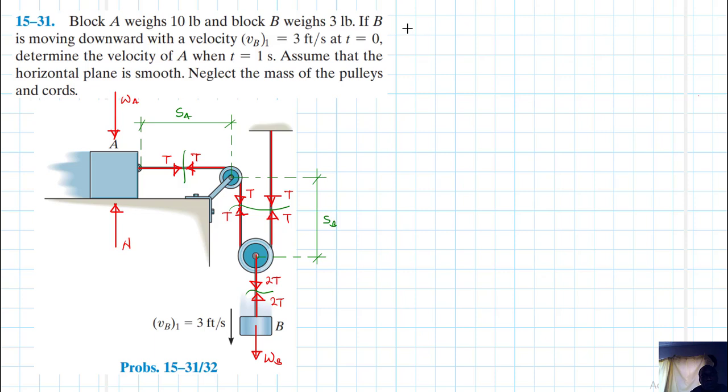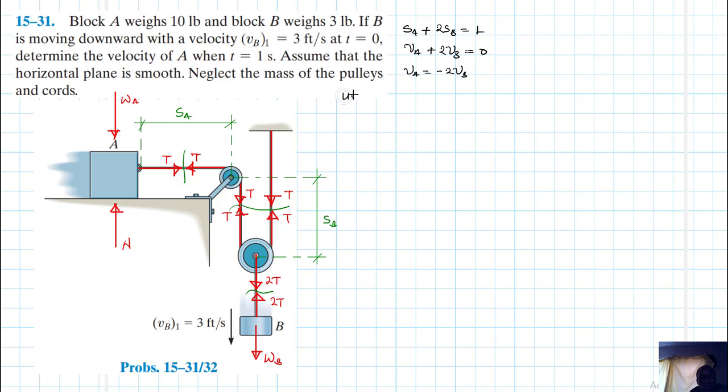We know that SA plus 2SB is equal to the length, and the derivative of that gives this plus this equal to 0. So we know the relationship: VA is equal to minus 2 VB, and the other way around. So this relationship is okay.